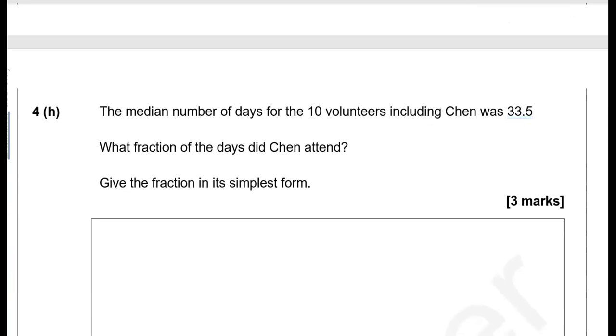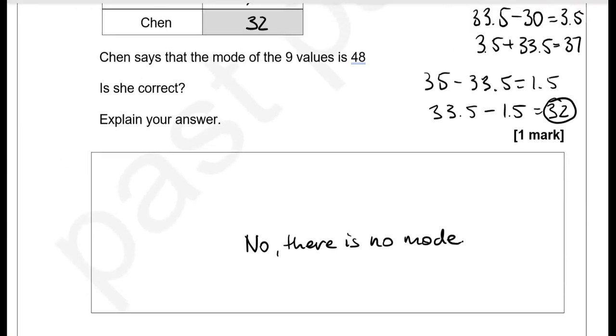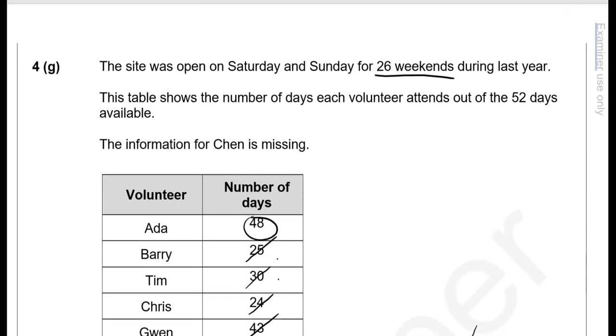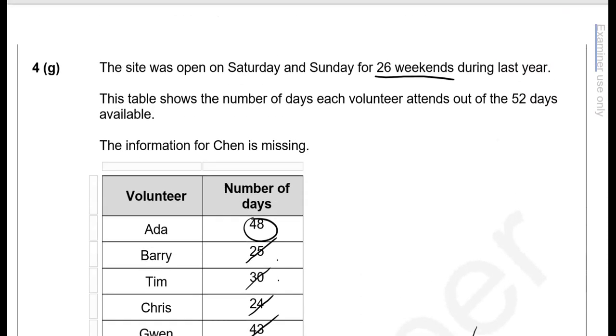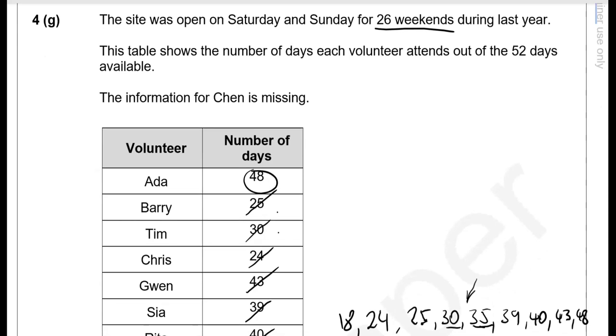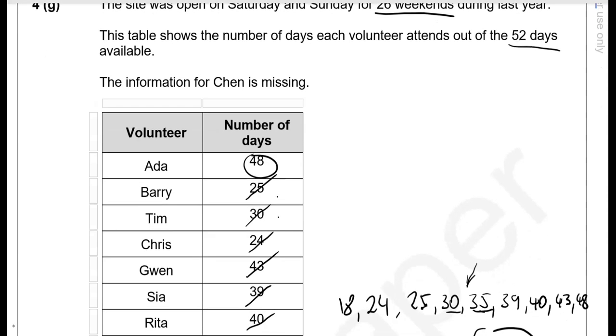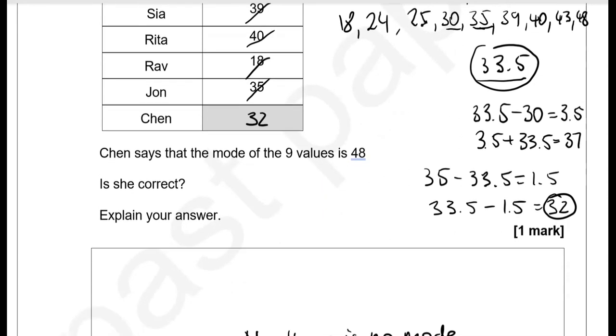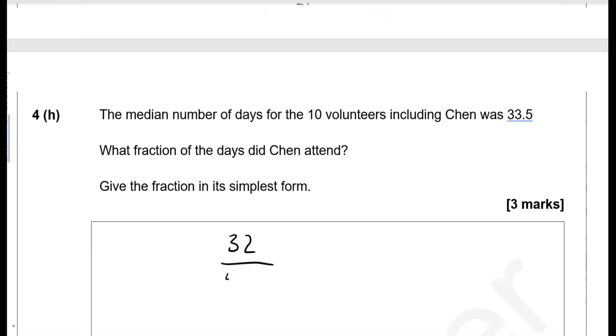So what fraction of the days did she attend? That is 32 out of, how many were there possible? 52 days. So 32 out of 52, we need to write it in the simplest form.